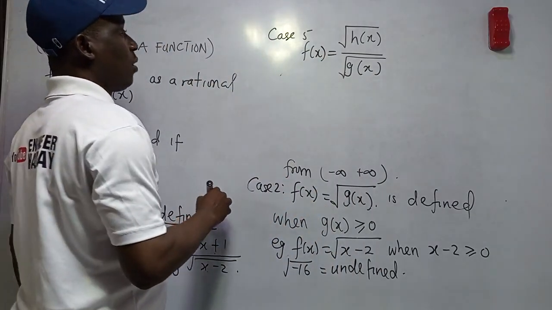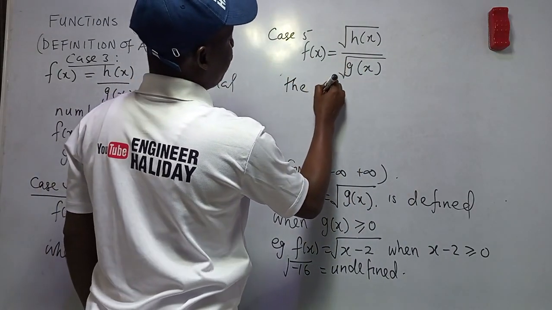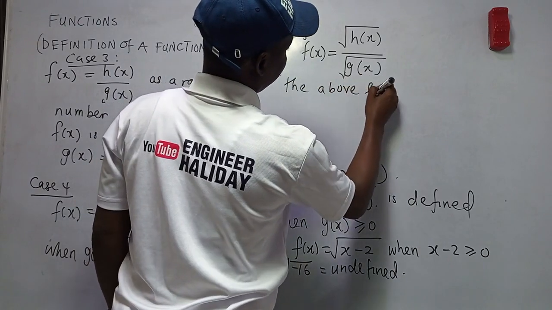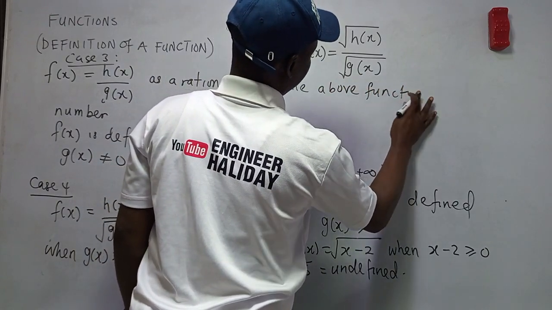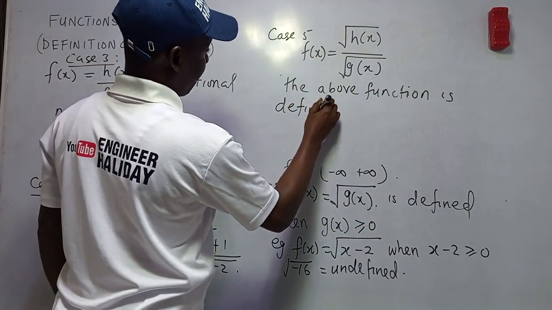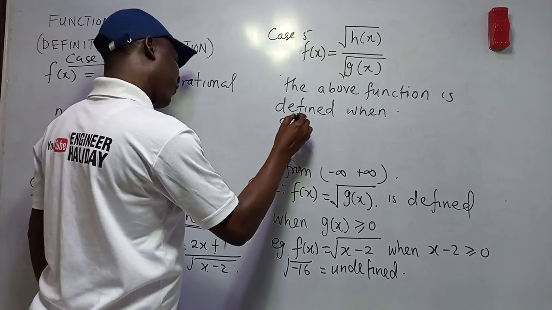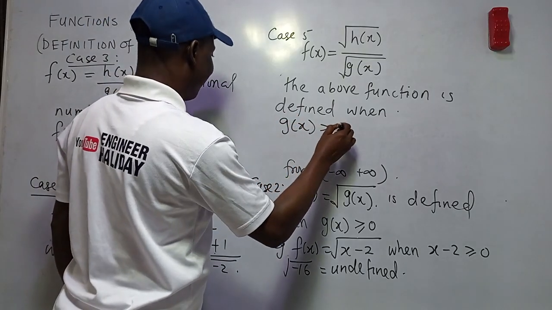Now, in this case, how can this function be defined? The above function is defined when, number 1, g of x is greater than 0.